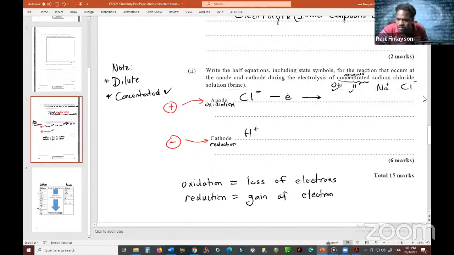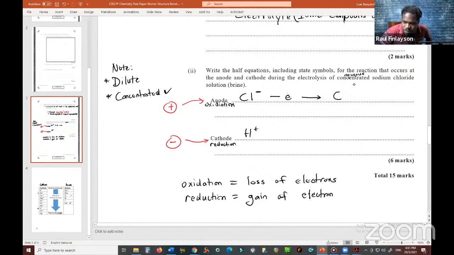So take away that electron, it's going to leave you with chlorine. However, chlorine exists as a gas, which means that it is diatomic. Diatomic means 1 atom can't form the substance. You're going to need 2. And so we'll put the 2 there.